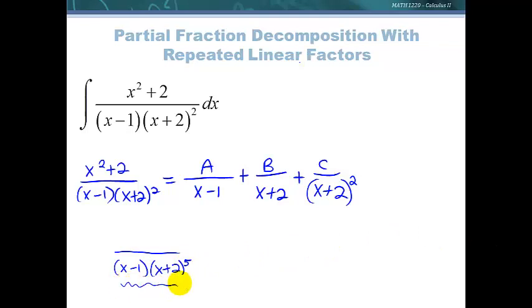So you'd need to consider all of those possibilities. For repeated factors, we need a fraction for that factor to that power, and then one for each lower power. Now let's continue with the one we have.